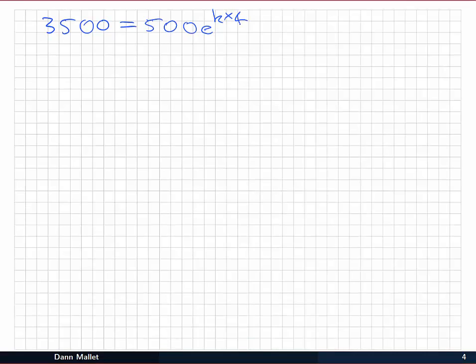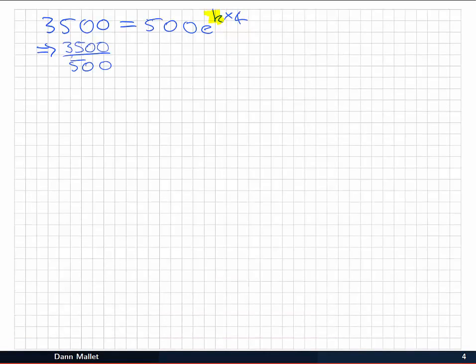So I've substituted in N equals 3500 and t equal to 4. As you can see, the only thing left over that we don't know in this equation is k. So now it's just a matter of solving for k by rearranging this equation. We can start off by dividing both sides by 500 to get 3500 on 500 equal to e to the 4k.